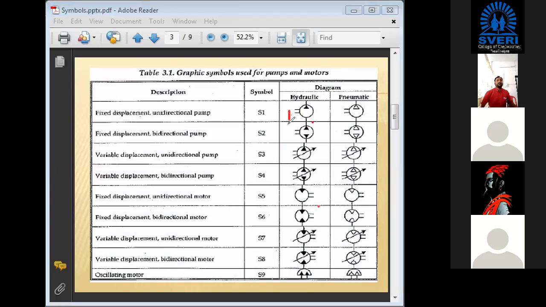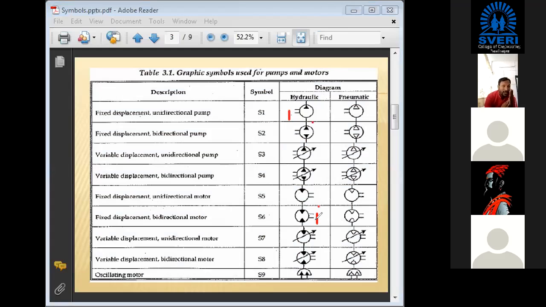If these two lines are drawn at the left side of the circle, that means it is a pump. If these two lines are drawn at the right side of the circle, that means it is a motor. Okay, getting it? This is a symbolic difference.